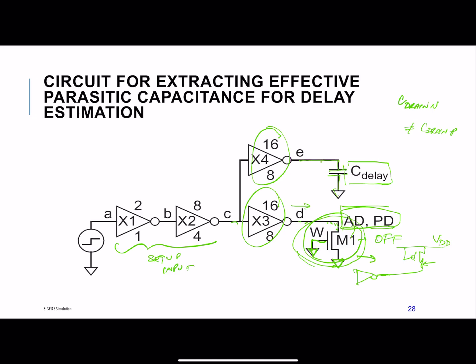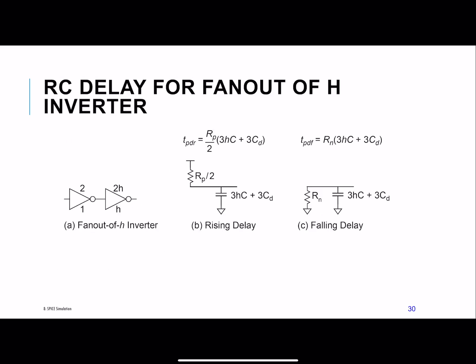And then we have our C sub D for the N and C sub D for the P. Now we need R sub N and R sub P for the resistance of the unit devices. The way we can do that is set it up like this: we can have a minimum size device driving a fan out, or variable fan out, device.